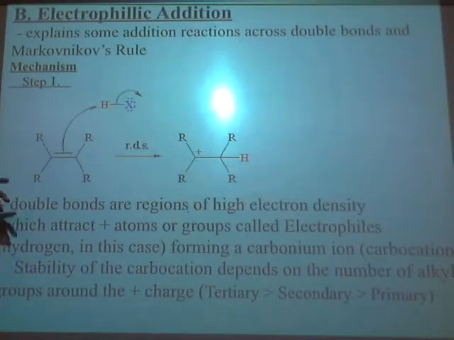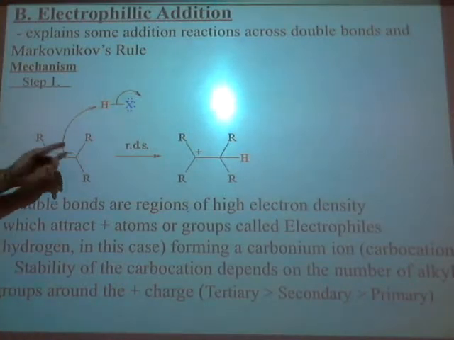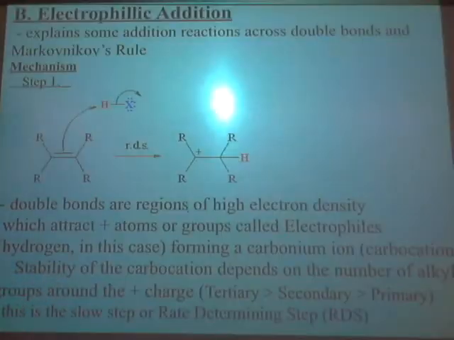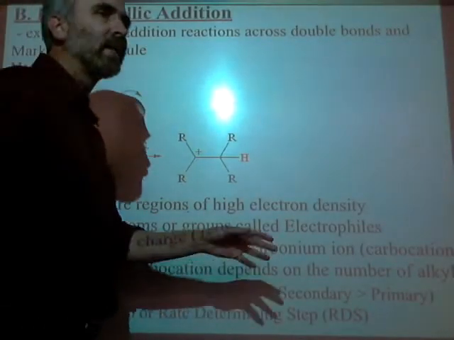Okay? This is a slow step. Now you say, well, why am I bothering to point that out to you? Believe me, which step is the slow step is really important when it comes to something called kinetics, the mechanism, being able to predict which guys actually contribute to how fast the reaction happens. And this is the slow step, okay? And you want to write that down. This is the slow step, or the rate determining step.